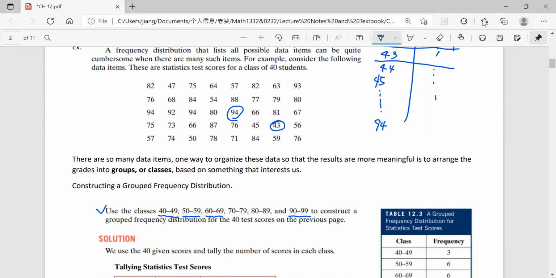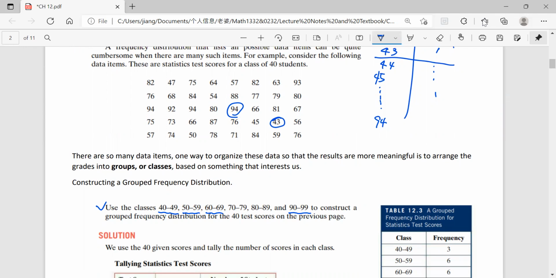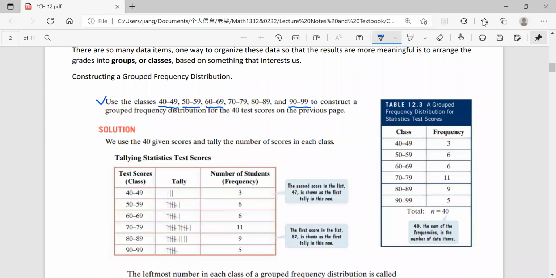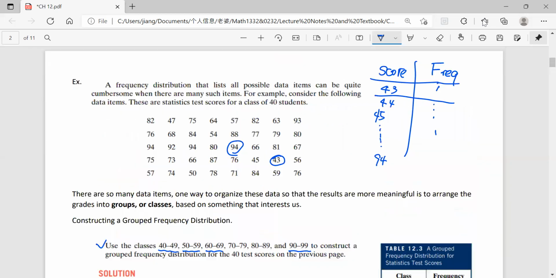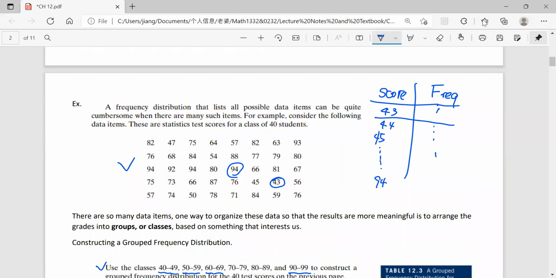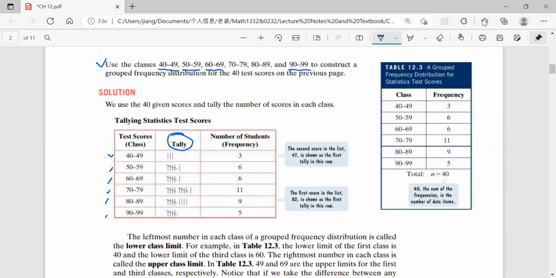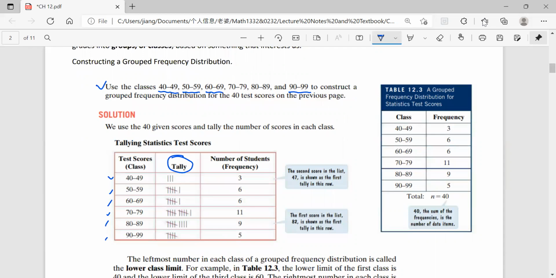Construct a grouped frequency distribution for 40 test scores. So when we are building this kind of table, we can have a tally part here. We have 1, 2, 3, 4, 5, 6 classes, and then we go back to see the data and find how many people have a grade between 40 and 49.